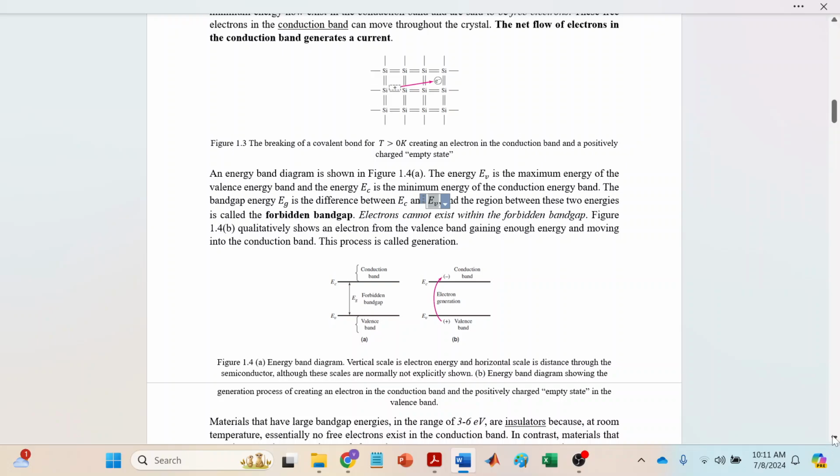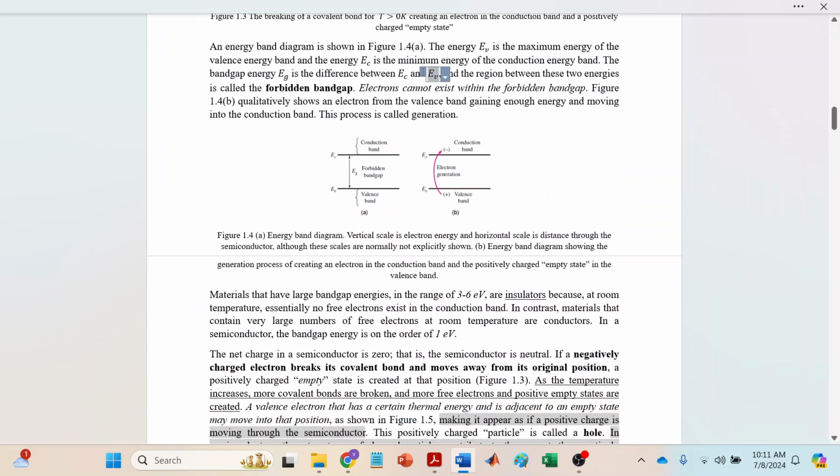Then based on this conduction, valence, and forbidden energy band gap, we can classify different kinds of materials. Materials that have large band gap energies are definitely insulators, because a significant amount of energy is required for them to move from the non-conducting valence band to the conducting band.